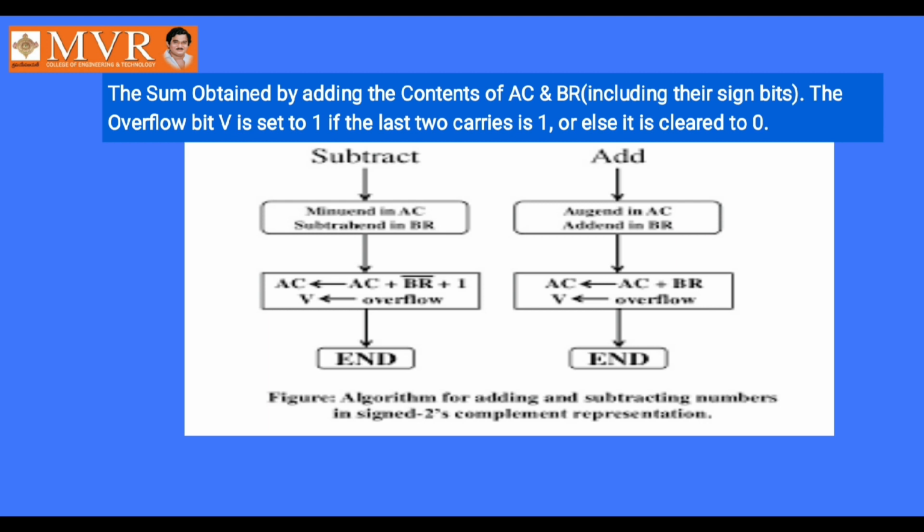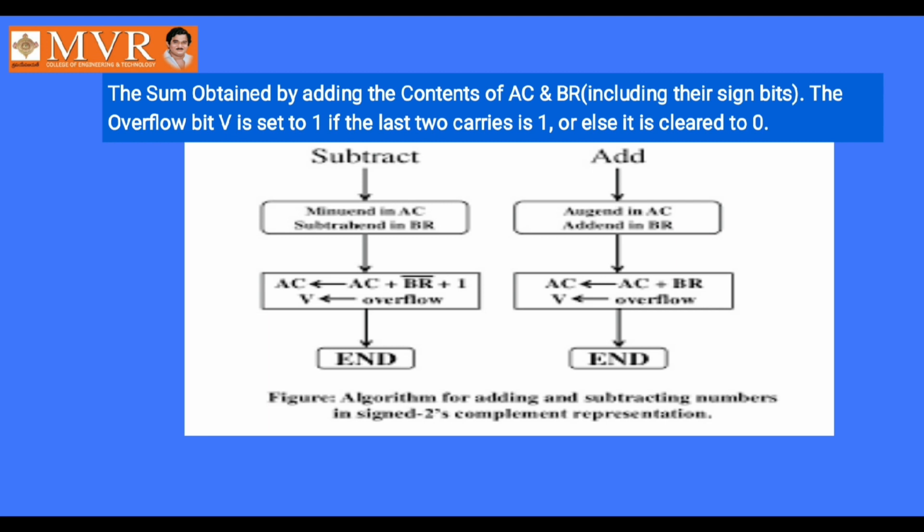And at the end, whatever overflow we get will be stored in a variable called V. Overflow occurs when a 3-bit number is added to a 3-bit number and the result is 4 bits. For example, if you are adding 326 and 235, you will get a result of 3 digits only. But if 326 is added to 835, then definitely a 4-digit result will be there.